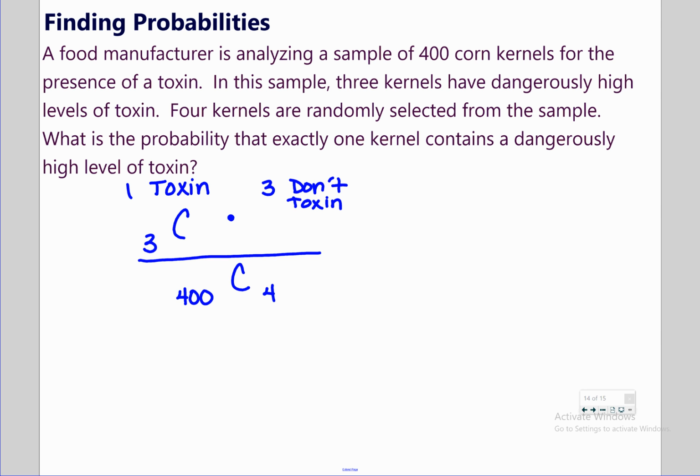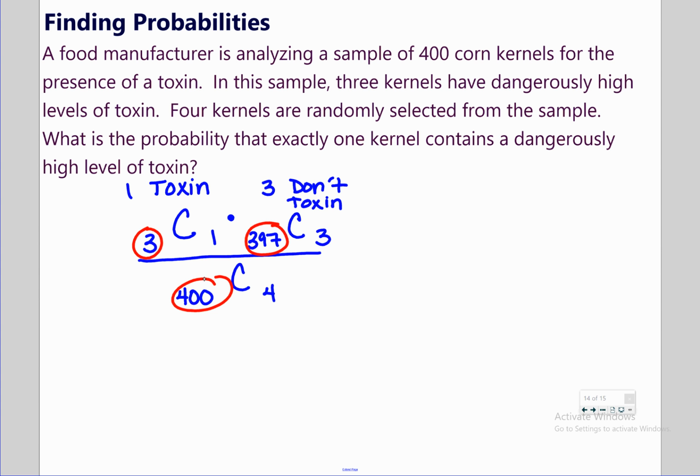And how many of those are we choosing? 1. How many kernels out of the 400 do not have the toxin? 397. And we are choosing 3 of those.